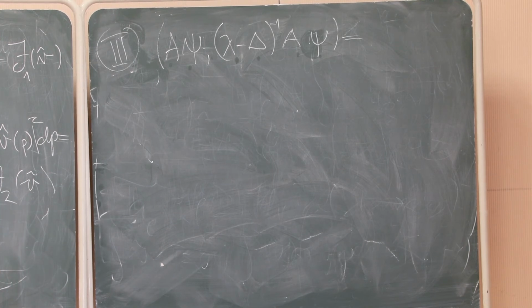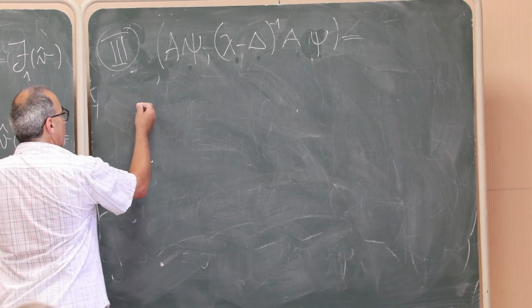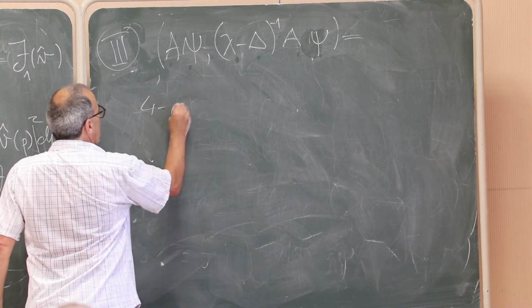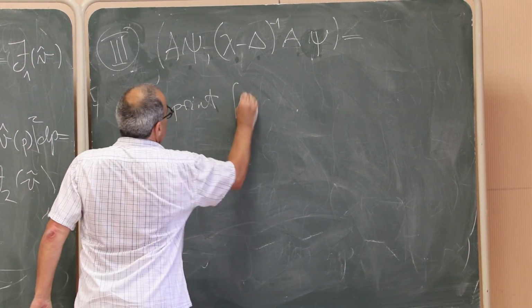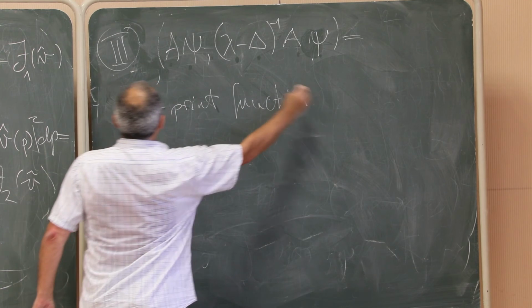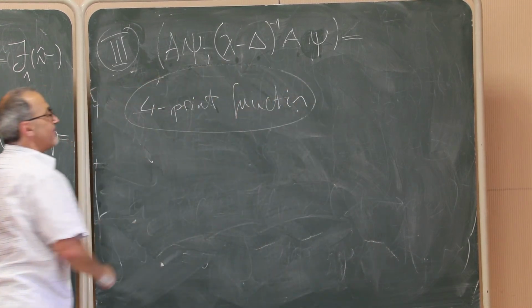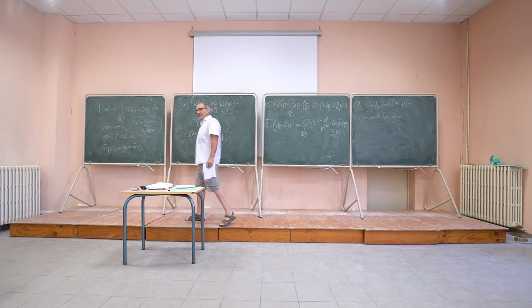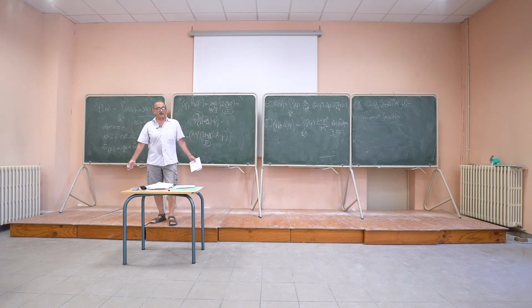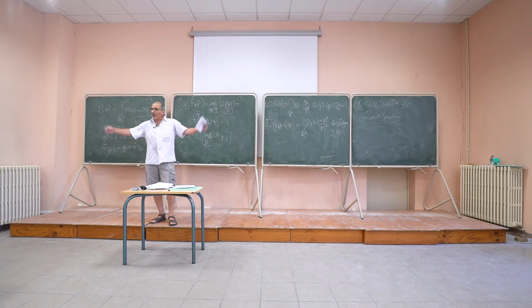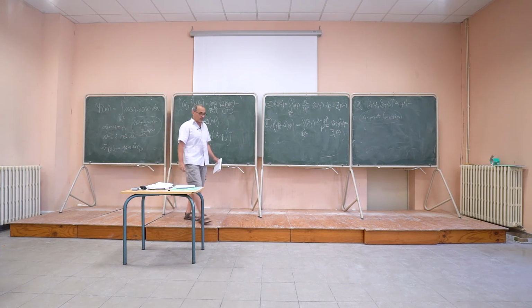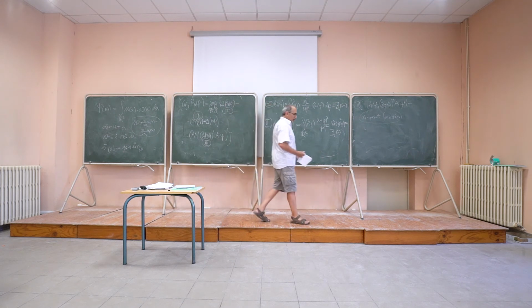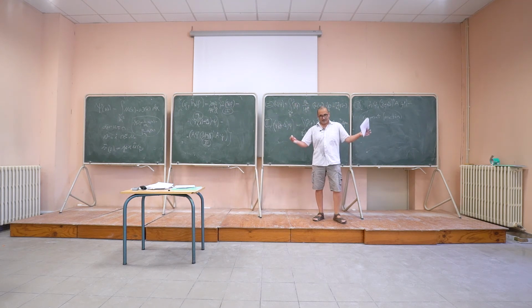And here there is a very important thing I want to remark. So this is a 4-point function. And mind, this is very important what I'm saying now. 4-point functions of Gaussian fields are expressed in terms of 2-point functions, right? For Gaussians, all higher order correlations are expressed in terms of them, these are classical things.